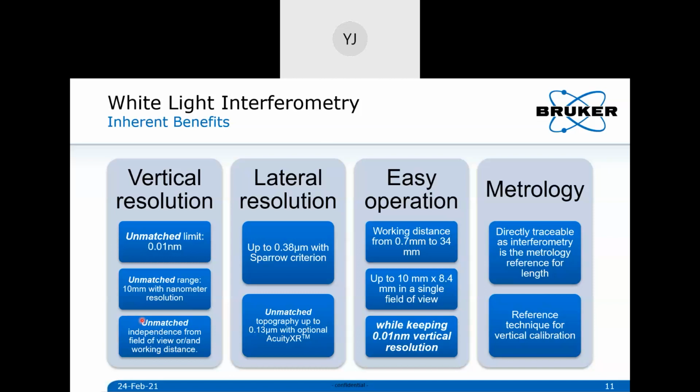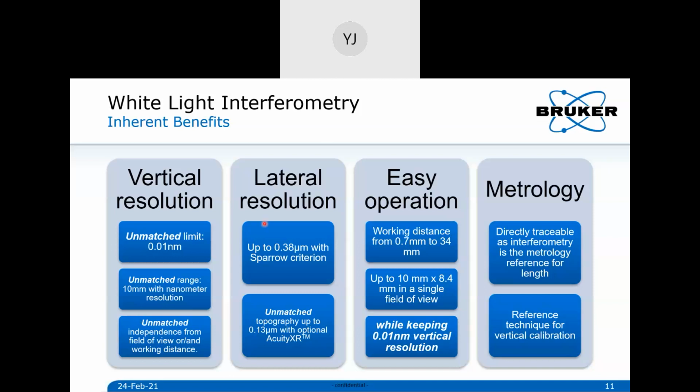That means you want to use a smaller magnification objective. Whereas if you use a technique like confocal, this means a trade-off with the resolution. When we use the interferometry principle, there is no trade-off. So you can use a smaller magnification objective and still get this very high vertical resolution on your sample.